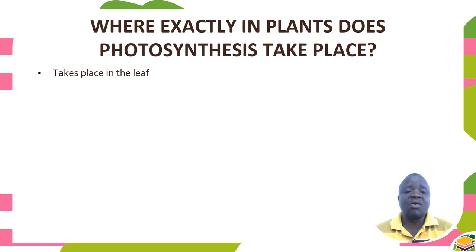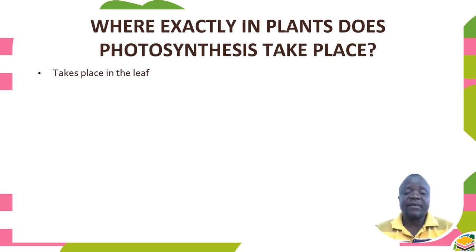As a whole, we have areas where the plants are manufacturing the food. Not all areas have photosynthesis taking place. So photosynthesis takes place in specific areas. We have the leaf. Photosynthesis takes place in the leaf mainly.